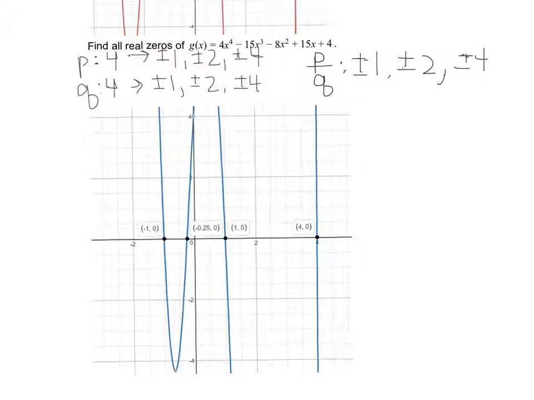Now I divide my factors of P by 2. We get plus or minus 1/2. 2 divided by 2 is 1, so I don't write it a second time. Sorry, 1 divided by 4, skipped 1, so we have plus or minus 1/4.